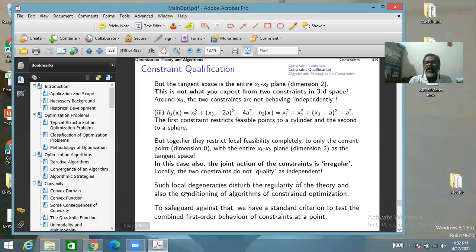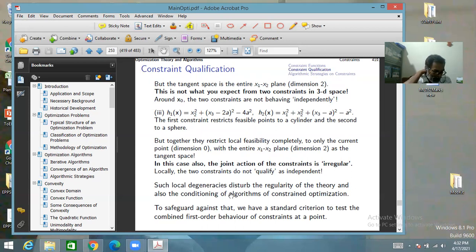So such local degeneracies disturb the regular pattern of the theory, the elegance of the theory, smoothness. And even for algorithms, as they operate, they turn out to make the systems ill-conditioned, or singular. So degeneracies come, things will become singular.